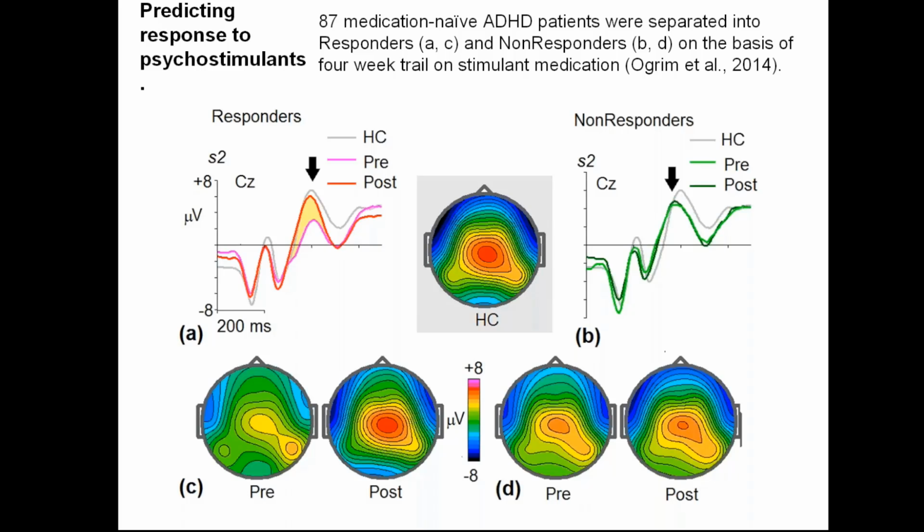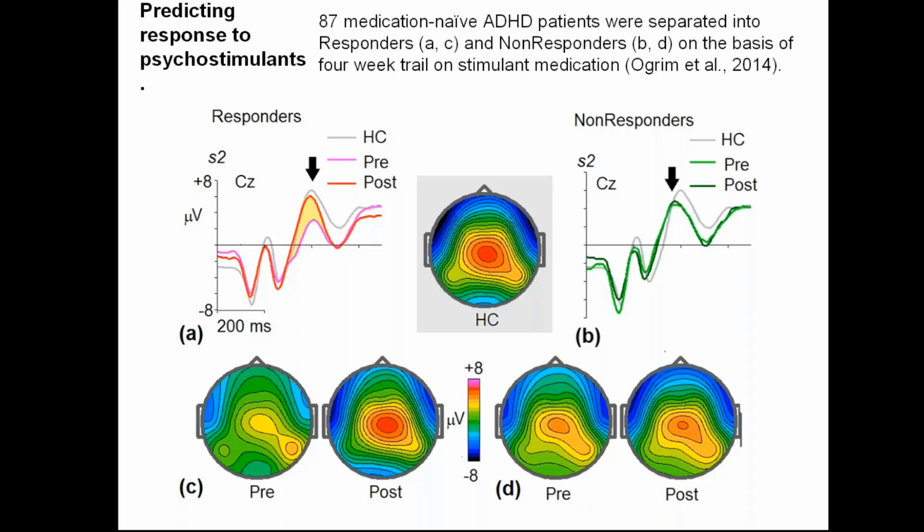And the conclusion is made from questionnaires completed by the patient, by parents, and by teachers. On the basis of this information, the decision is made whether the subject responds to the psychostimulant, he is a responder, or doesn't respond, he is a non-responder.